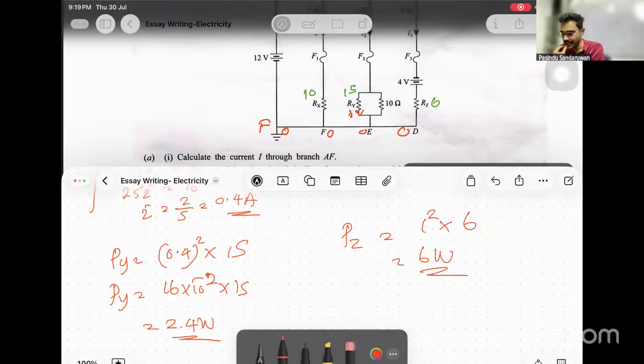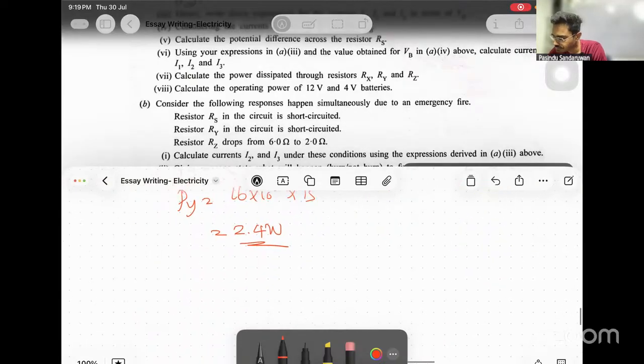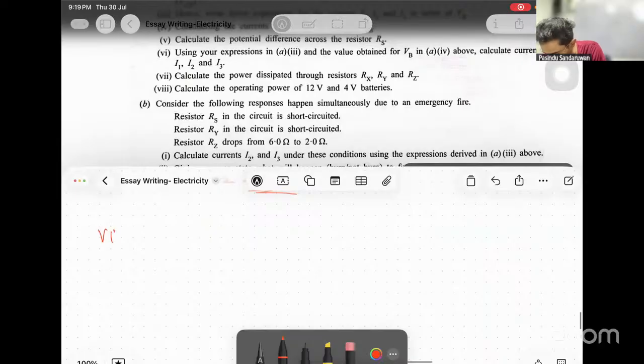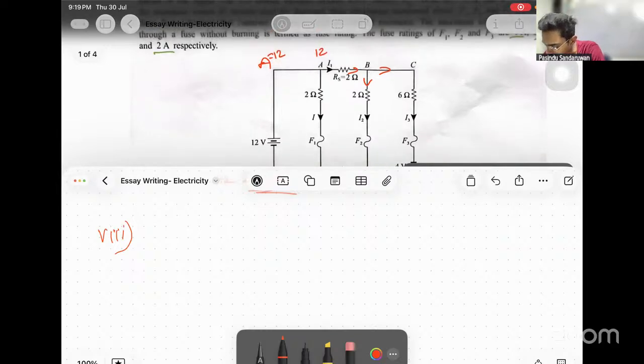Then question 8: calculate the operating powers of the 12 volt and 4 volt batteries. First, for the 12 volt battery, I need the total current.